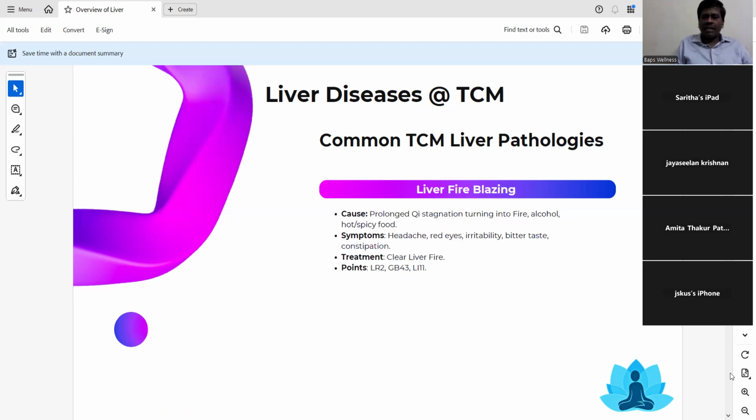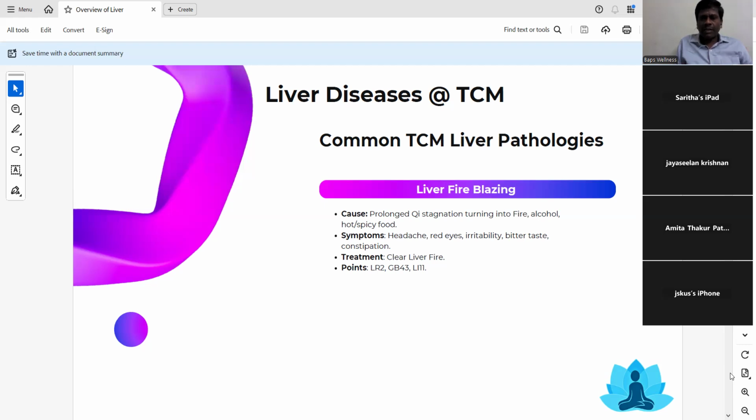Next is liver fire blazing. Prolonged qi stagnation turns into fire, triggered by either alcohol consumption or hot spicy food. So the qi stagnation is already there, and these things trigger it into liver fire.